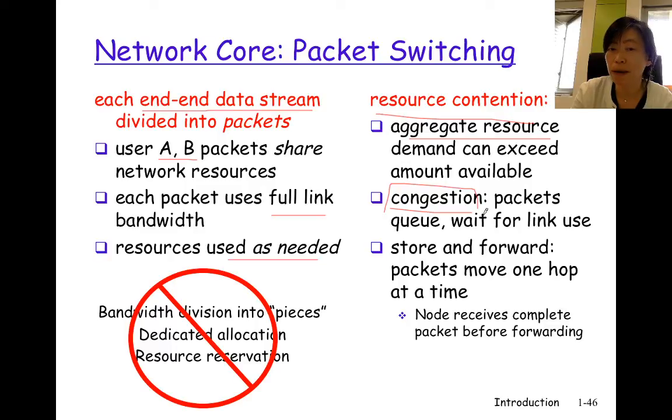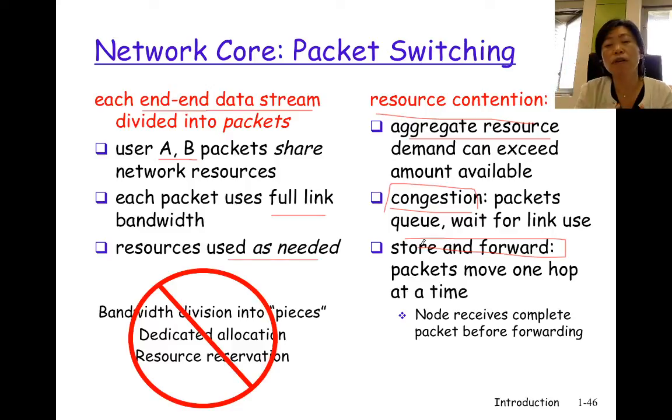All right. Now, store and forward is a special characteristic of a packet switching network because a packet is being transmitted one link at a time and being treated somewhat independently. So the receiver of a packet needs to receive everything before it can determine where to forward it further.